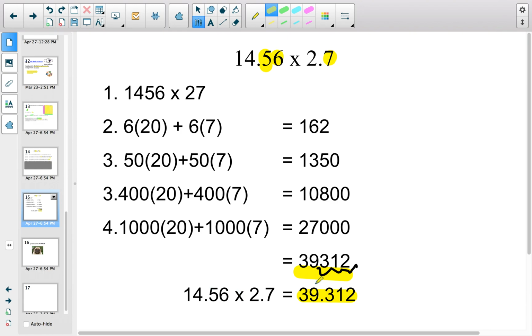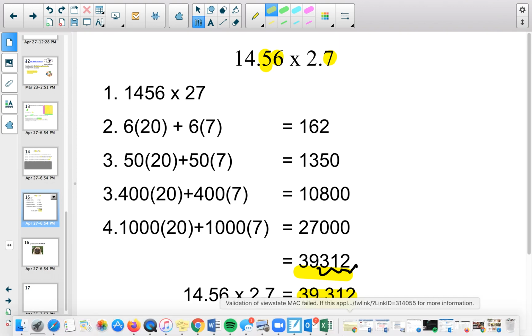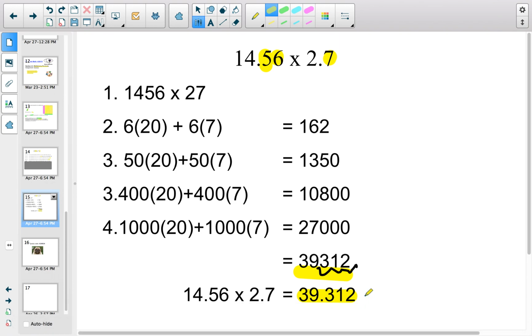And if we round this down, it would be 15 times 2, so the answer would have to be between 30 and 45. 39 is between 30 and 45, so that answer looks pretty good.